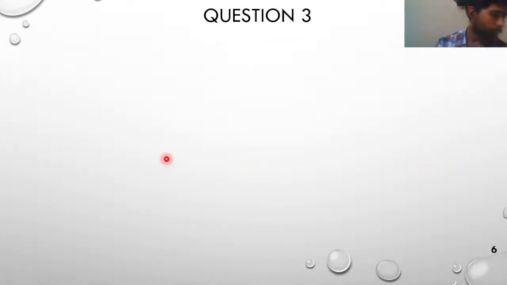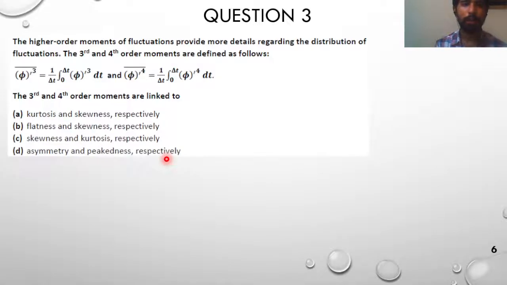If you see question number 3, basically it is about the nature of these moments and what they indicate. Again, this is a question related to the statistics of the turbulence. One thing we saw just now is the turbulence intensity. We also calculate the moments of these fluctuating components.